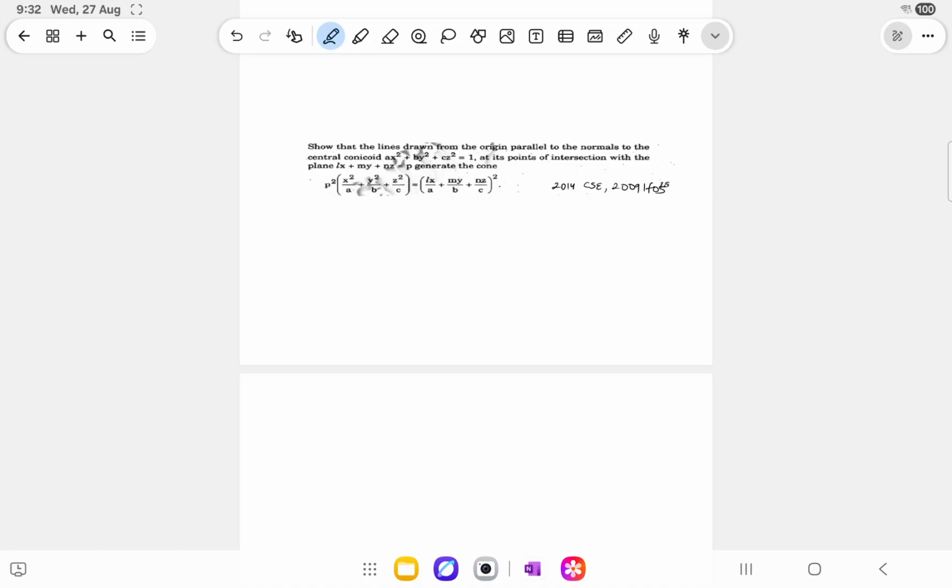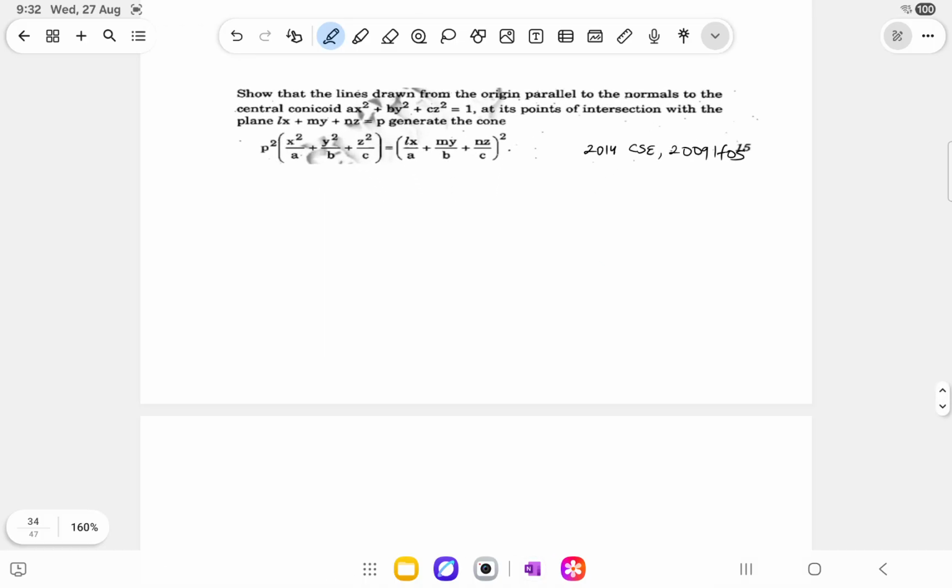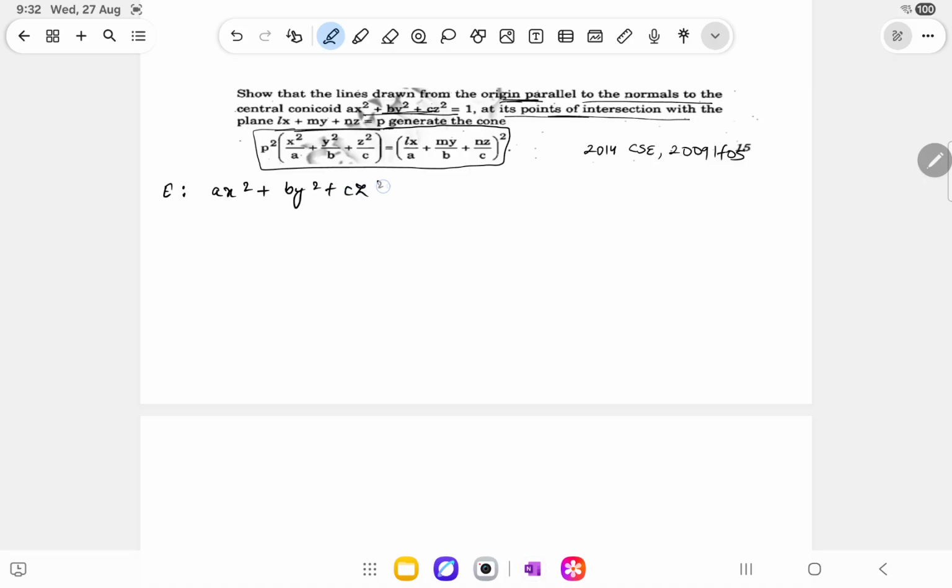So the next question says: show that the line drawn from origin and parallel to the normal to the central conicoid at its point of intersection with this plane generates this cone. They have given us the equation of the ellipsoid, that is ax square plus by square plus cz square is equals to 1, and the equation of the plane, that is lx plus my plus nz is equals to p.